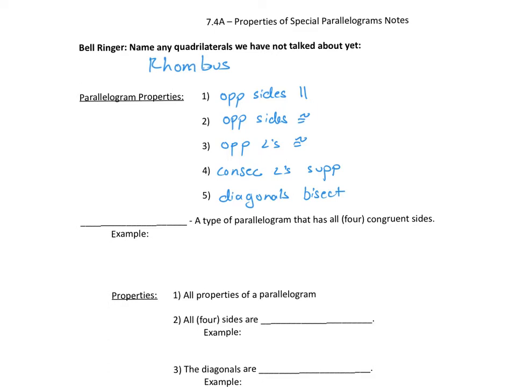Let's talk about a rhombus. A rhombus is a type of parallelogram, but all of the sides are congruent, not just the opposite sides. All of them are congruent. So here, if I try to draw one, we'll call this W, X, Y, Z. This is congruent to this, and this.